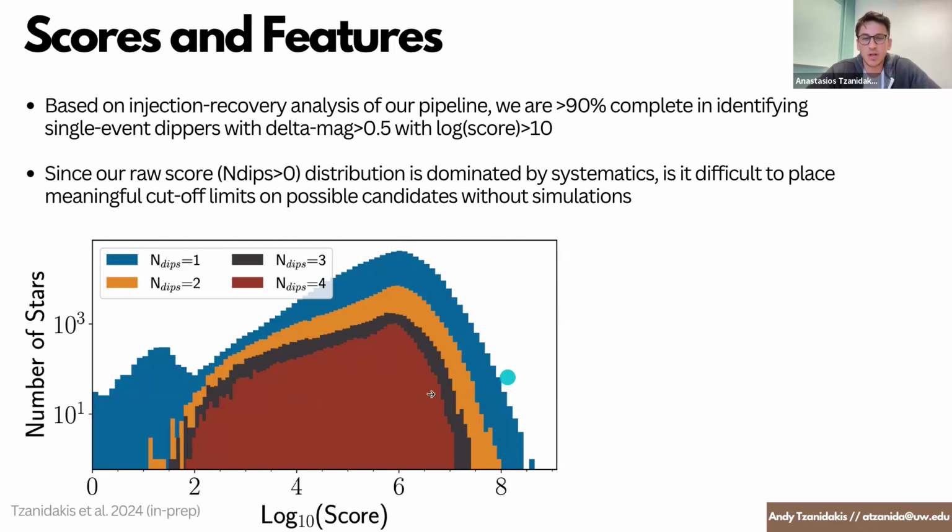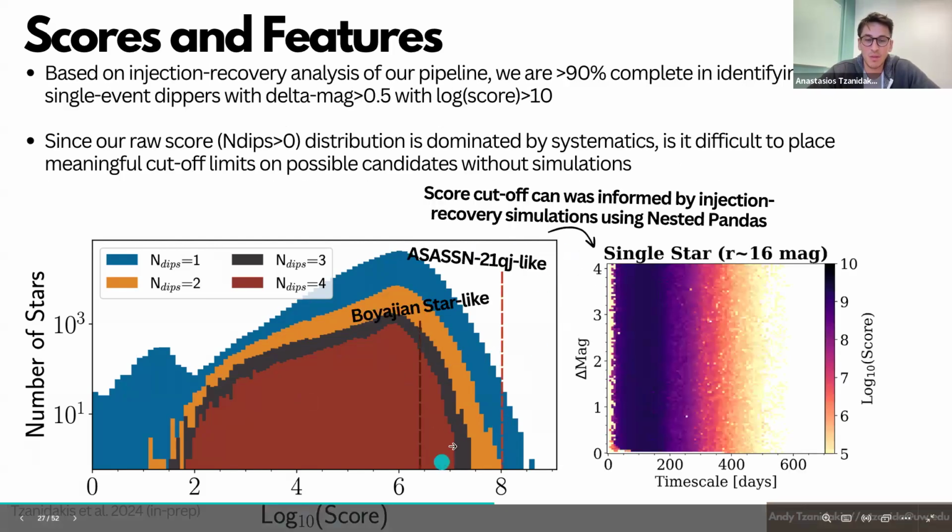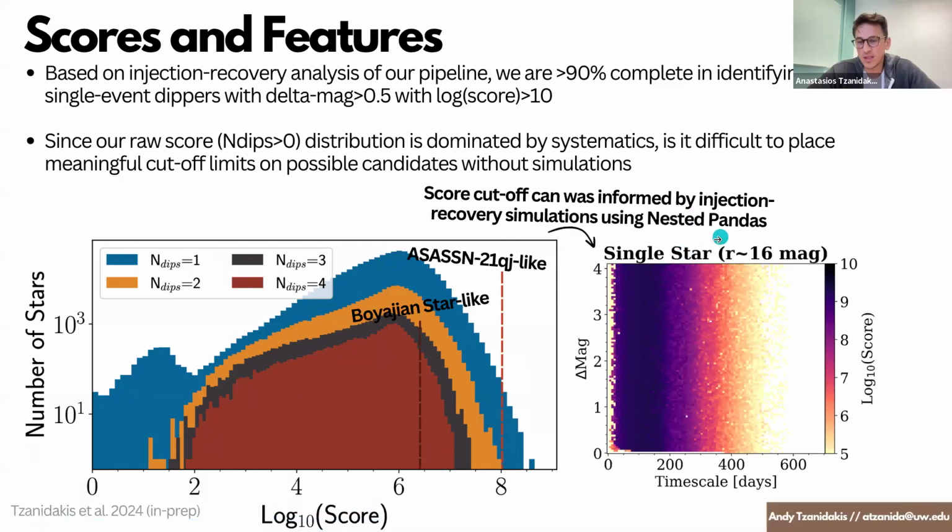Now, as I said, because we're dominated so much by systematics, the way we've been identifying them is by doing injection and recovery simulations using the same workflow, the nested pandas workflow. We simulate a dipper star and see where the score would fall based off of the simulated light curves.